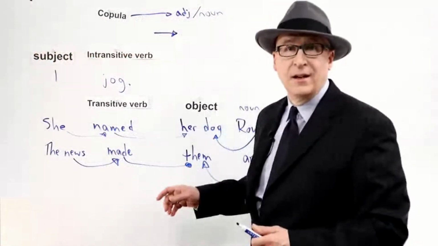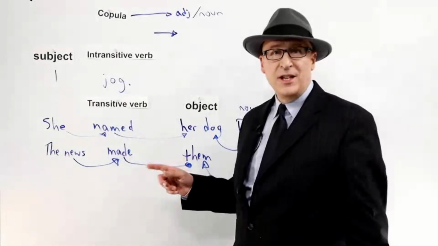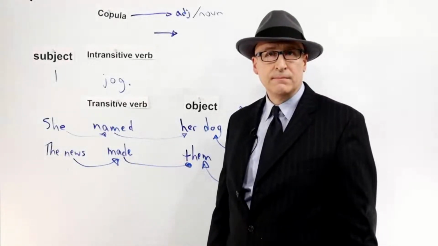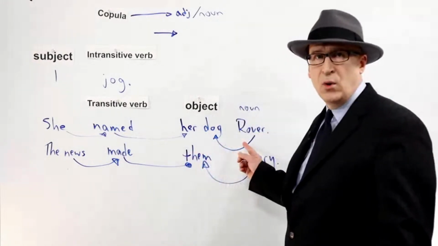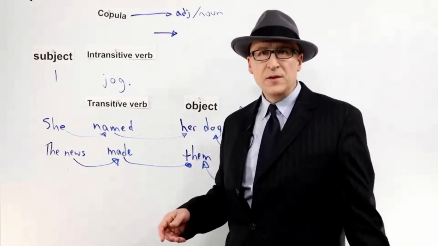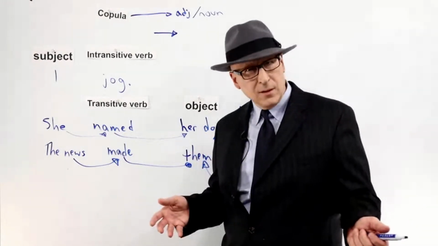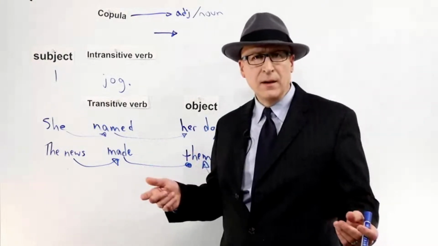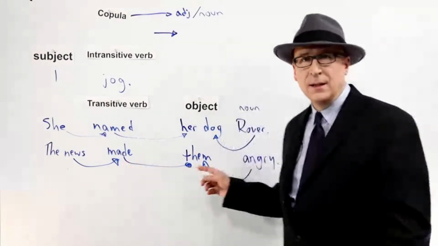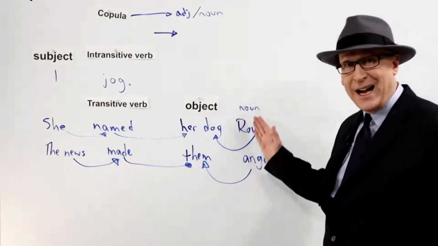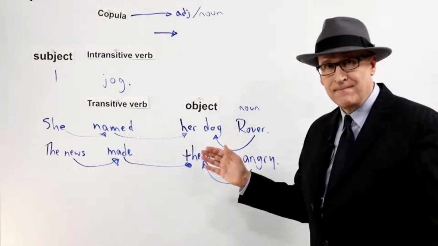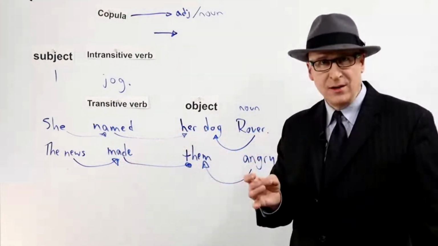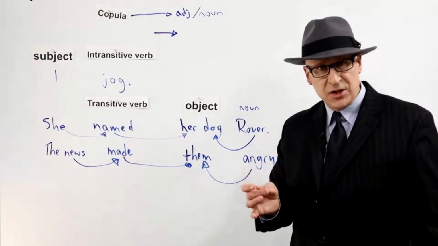Let me cover it. She named her dog. Okay, good. Named her dog what? Rover. The news made them. Okay, the news made them. Made them what? Made them angry. So we kind of need these words to finish this idea, right? This is not a grammar function.